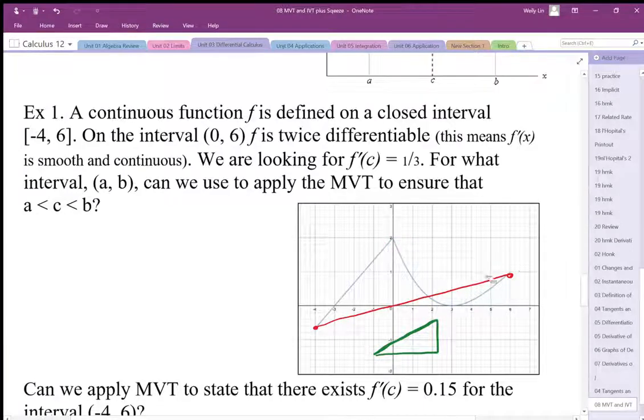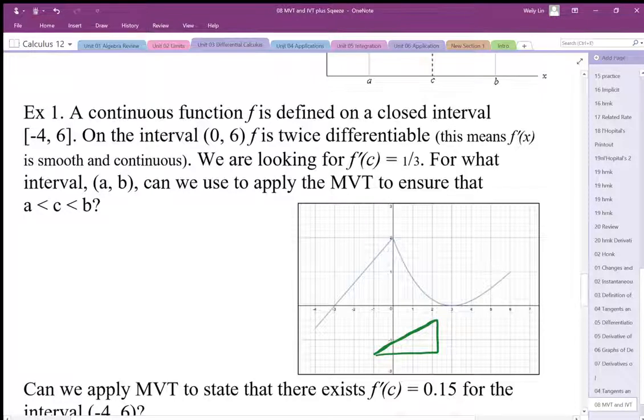So we can apply this through this interval here, between 0 and 6, where it's smooth and continuous. If we can find some interval that has a 1/3 slope, we can say that there must exist some point within that interval that has a tangent slope equal to 1/3.